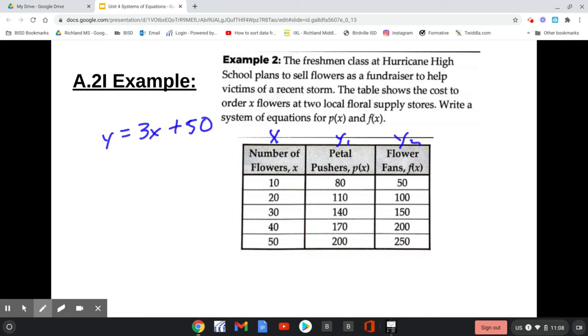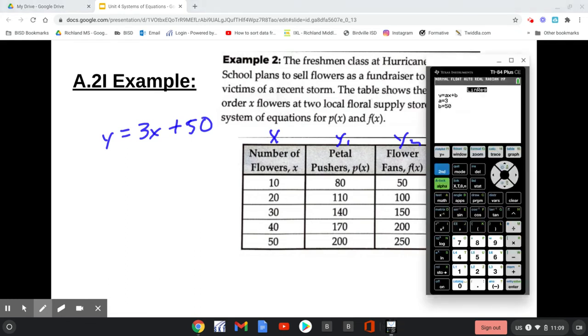Okay, let's look at the next one. We're going to hit stat, enter, and I'm just going to redo the Y column.